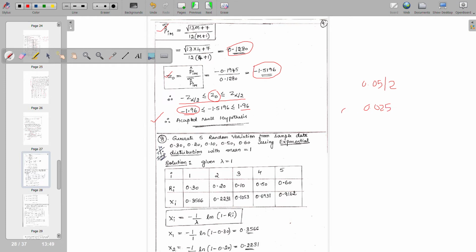I will say theta value is equal to 1 minus that, so the theta value will be 0.975. Once we got this value, now we need to check its critical value from table A3.